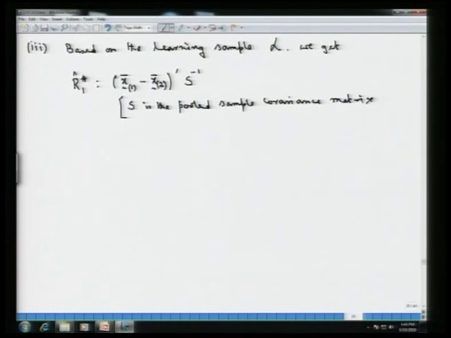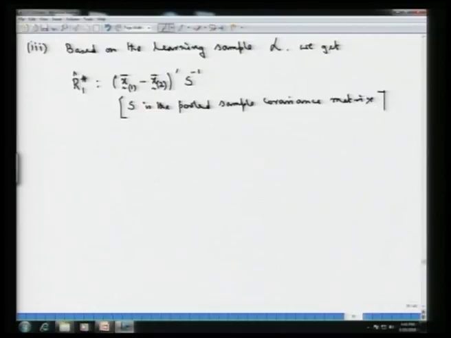Now, that is going to be given by, suppose we have got n 1 observations from the first population, n 2 observations from the second population, then n 1 plus n 2 minus 2 times S is going to be equal to n 1 minus 1 times S 1, that is based on the n 1 observations, plus n 2 minus 1 times S 2, the S 2 based on the second population samples of size n 2.